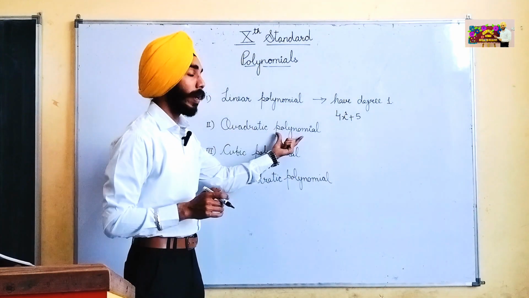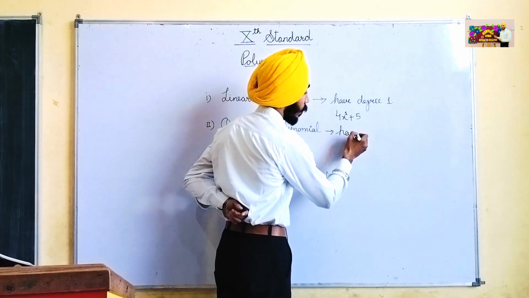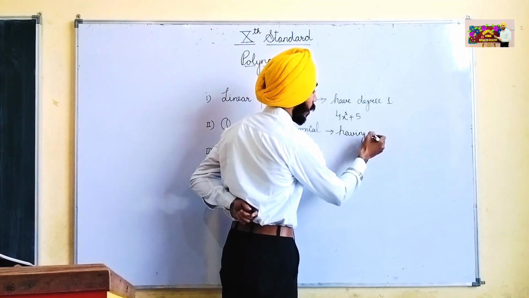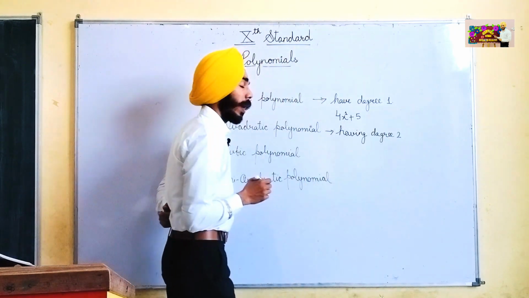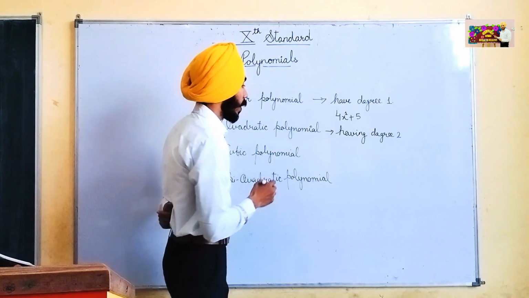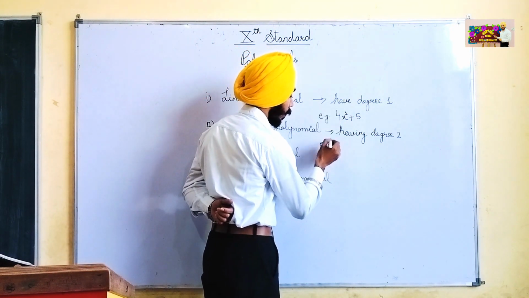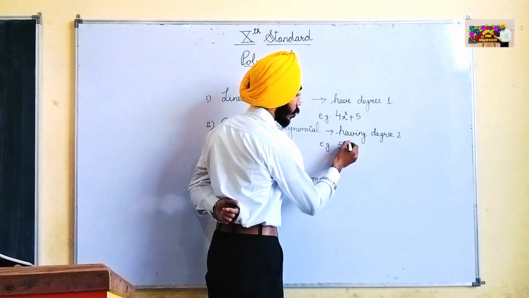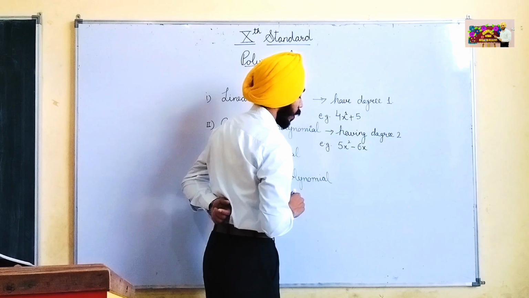Second one is quadratic polynomial having degree 2. For example, 5x square minus 6x.